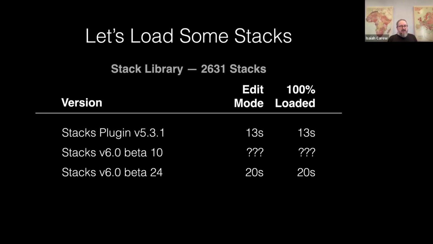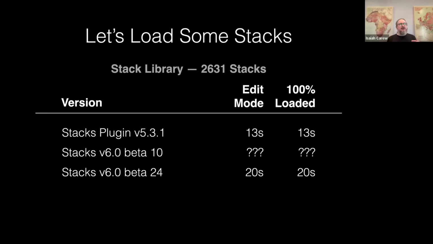Then we jump up to beta 24, and that's when we're doing it in the background. I've added a couple more things to make it a little bit faster, trying to squeeze blood from the stone a little bit more. And so I got it better to 20 seconds.